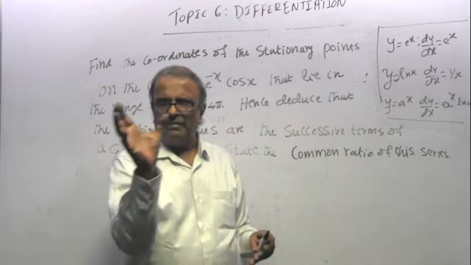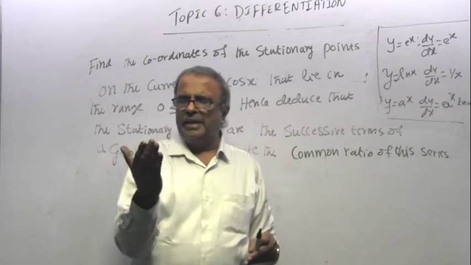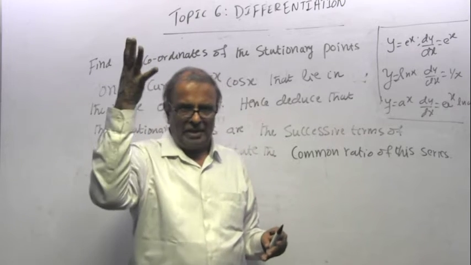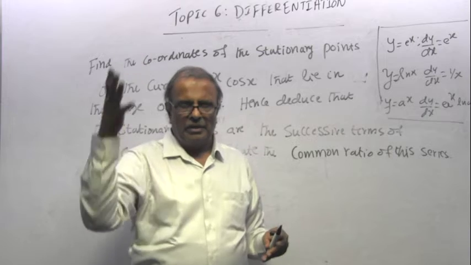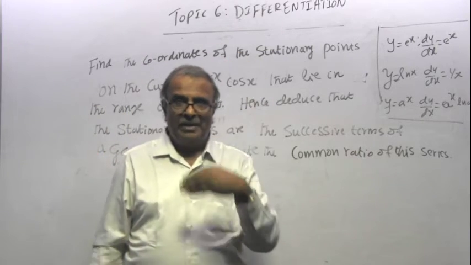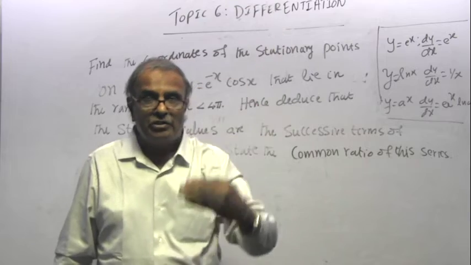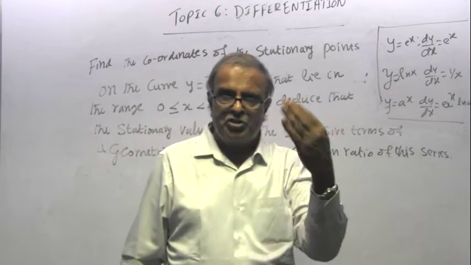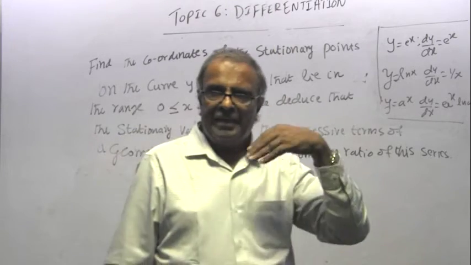So you find the values of x in the range 0 to 4 pi. Then looking at that pattern, deduce that all the values of y are terms of a geometric sequence and state the common ratio.